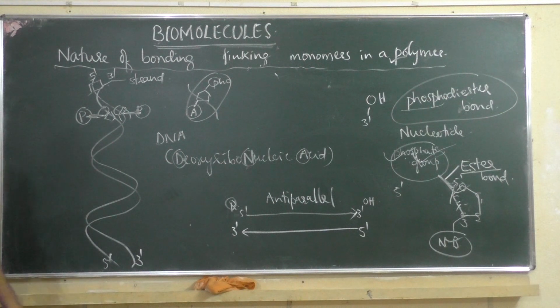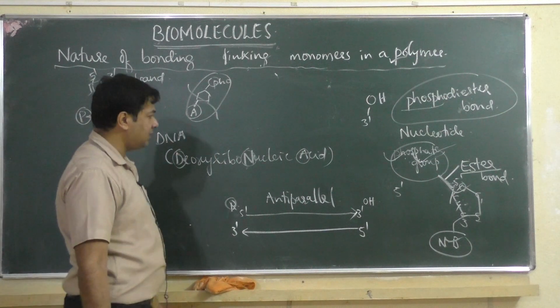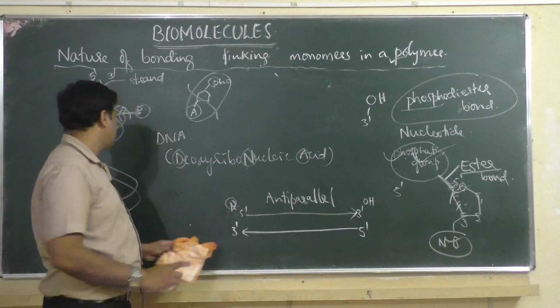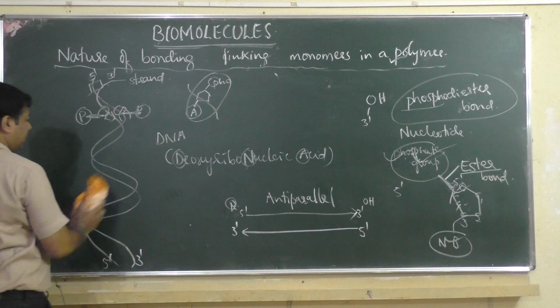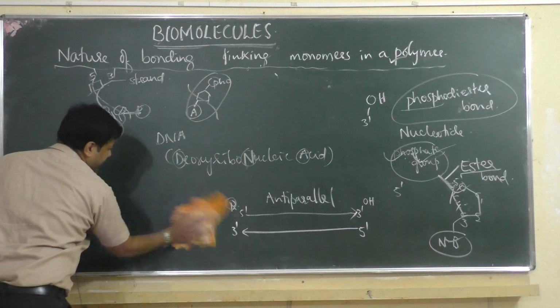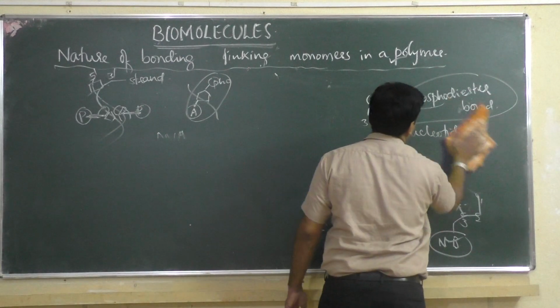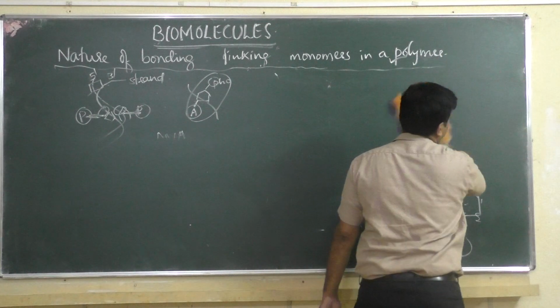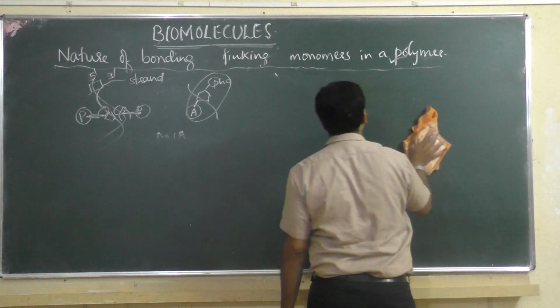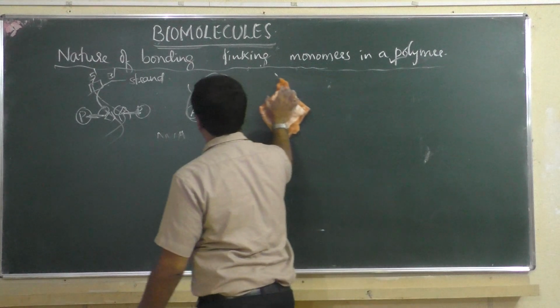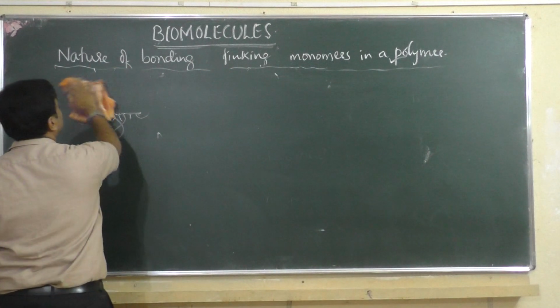Okay, so who gave the double-stranded DNA structure? By 2 scientists. Their names are Watson and Crick. That is what is given in the textbook. Their full names are James Watson and Francis Crick, two scientists.